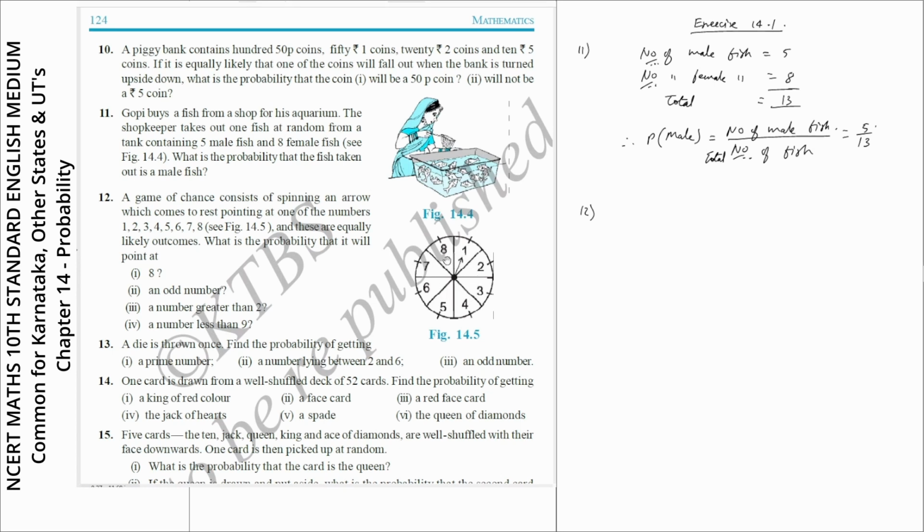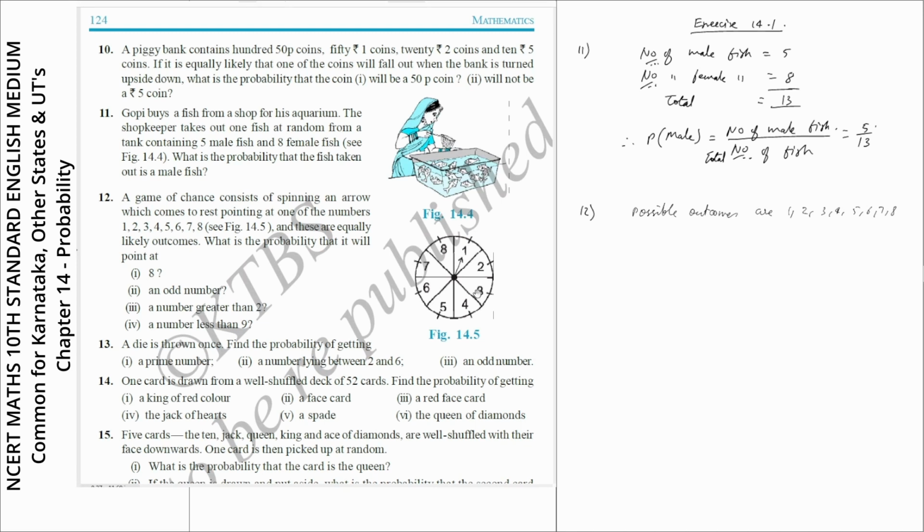After some time this arrow will stop spinning and it will point at some number here. So here possible outcomes are 1, 2, 3, 4, 5, 6, 7 and 8.